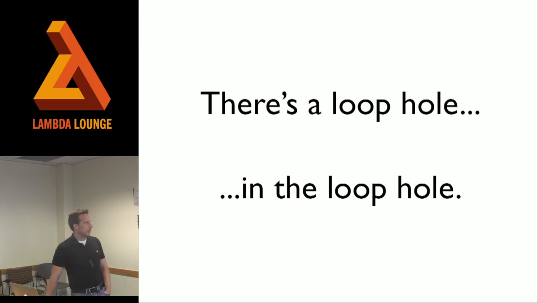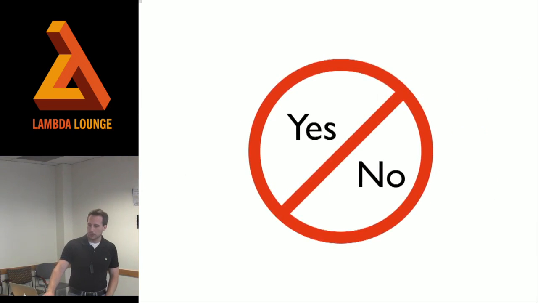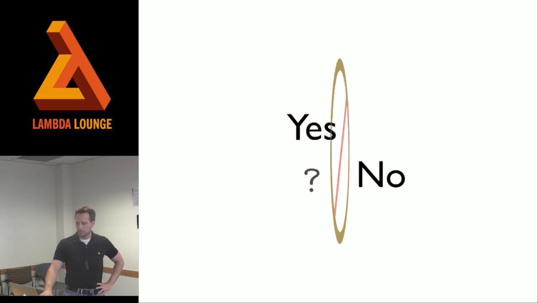And the good news is that there is a loophole in the loophole, and this is really what static analysis is all about. So what the halting problem says is that you can't always say yes or no. So as long as you insist that you always have to have an answer, then you can't do it.